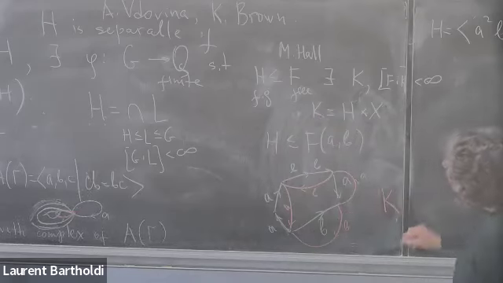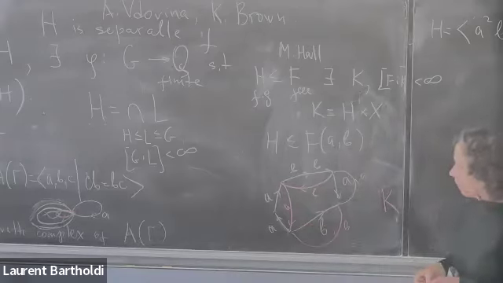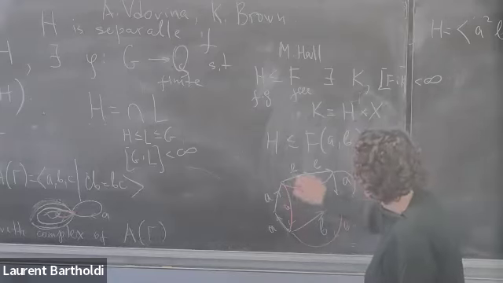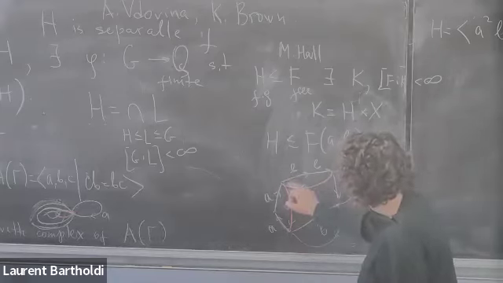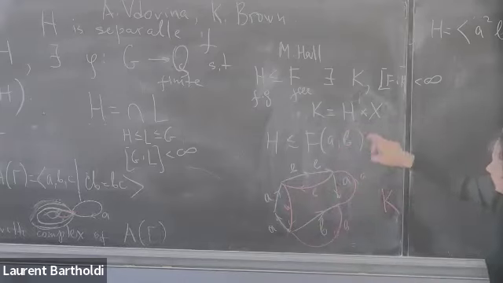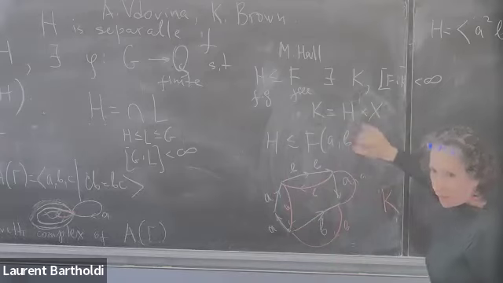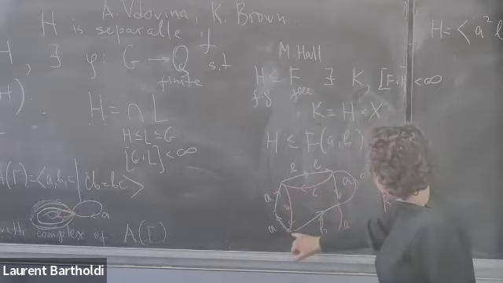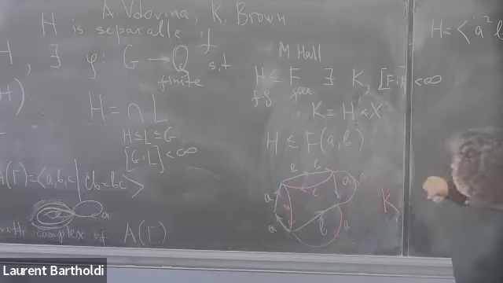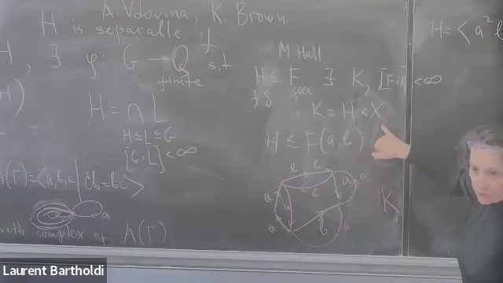Moreover, we can see that we added edge loops in this graph. Basically, there was one loop and we added 1, 2, 3, 4 loops. Adding edge loops means just adding free generators to H. So K is a free product of H and a finitely generated free group.